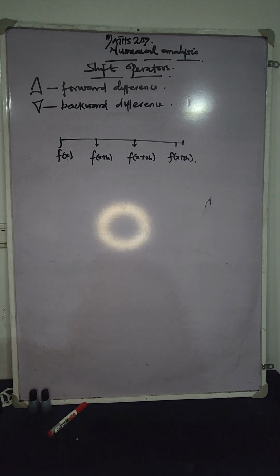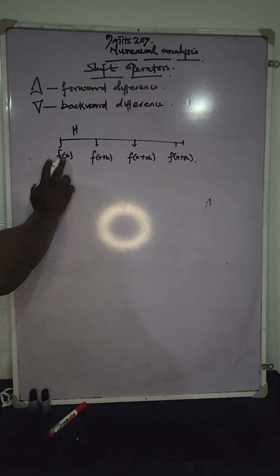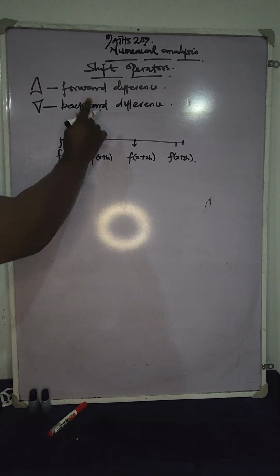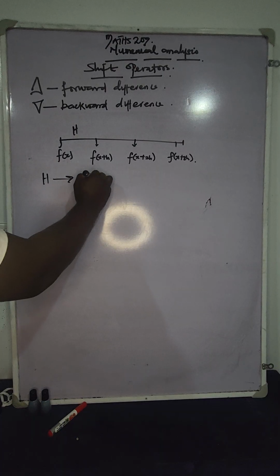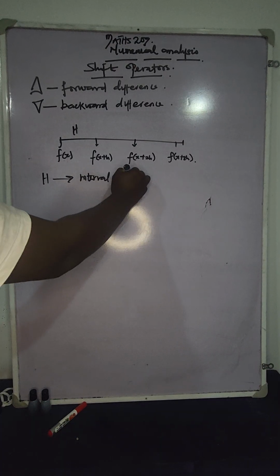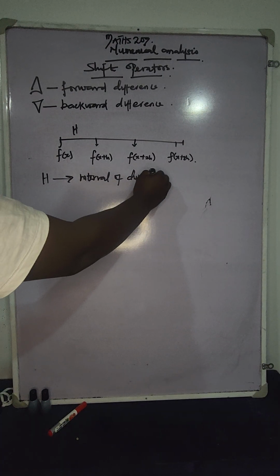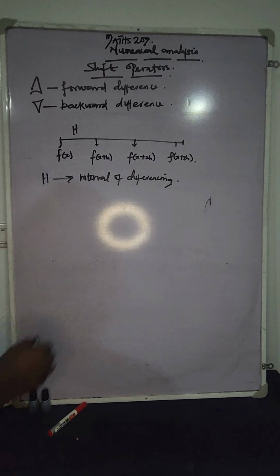So when you move from here to here, the difference between this place and this place is h. And so in numerical analysis, h is known as the interval of differencing.